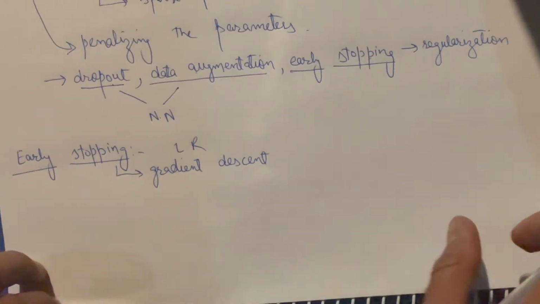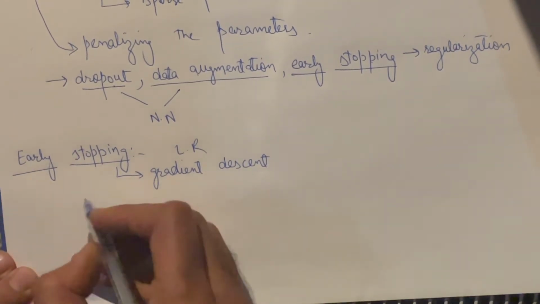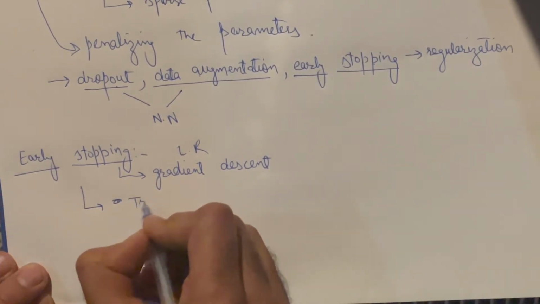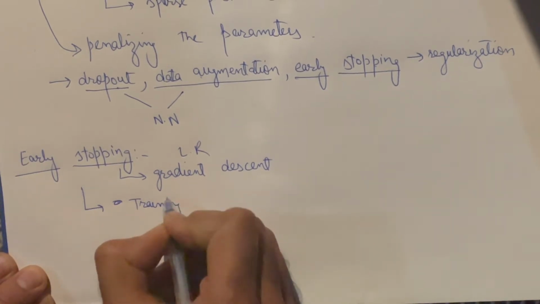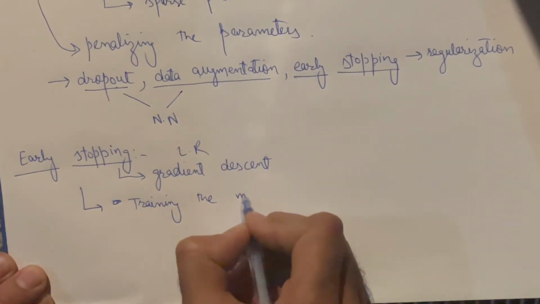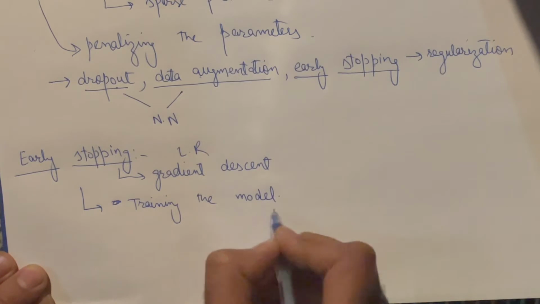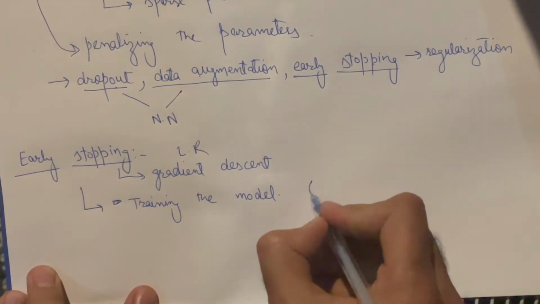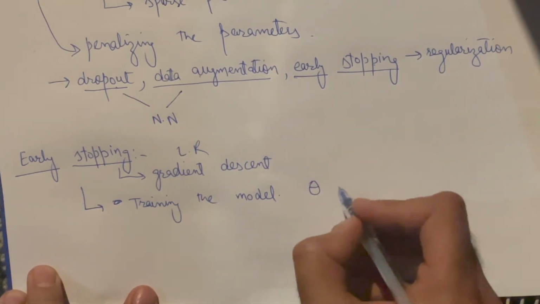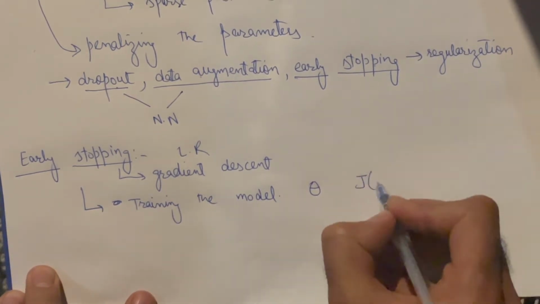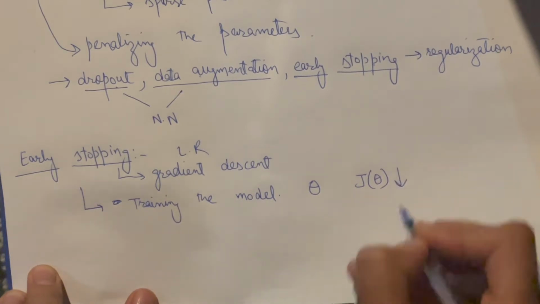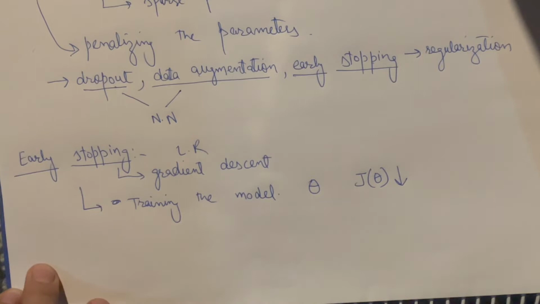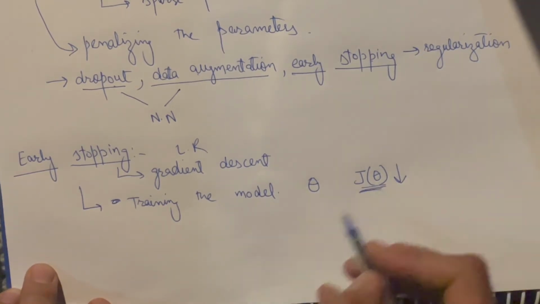When we are training our model, you know that we are optimizing theta by repeatedly decreasing J theta. How many times are we doing it? We are doing it till there is no further change in J theta.